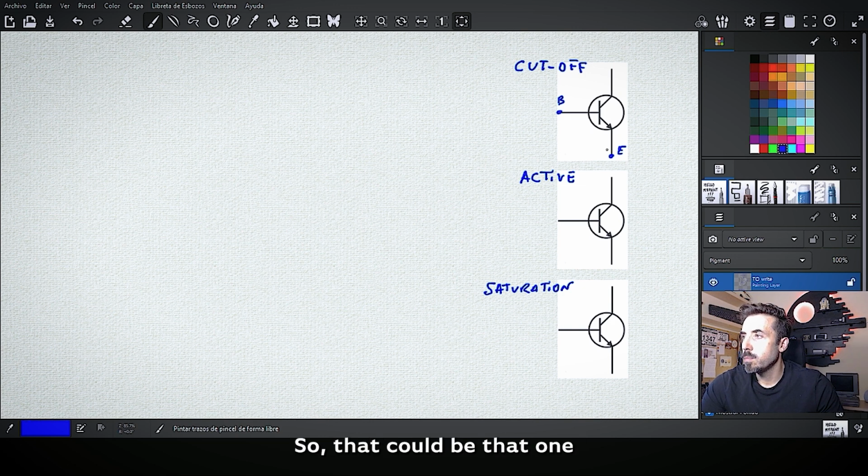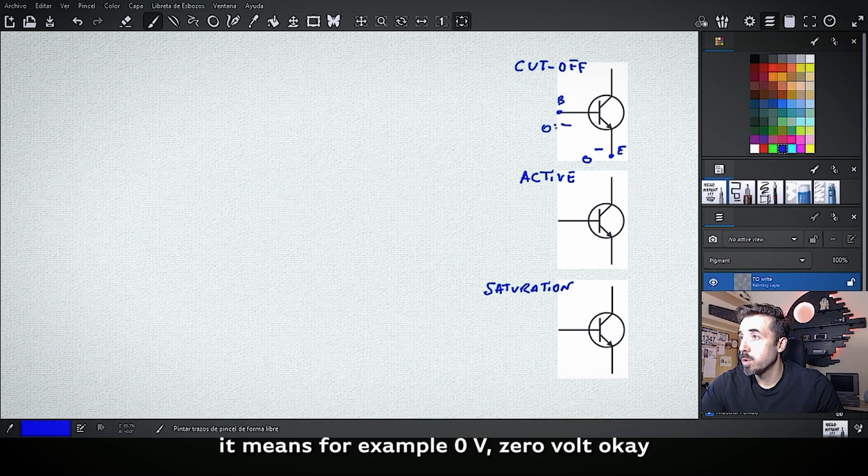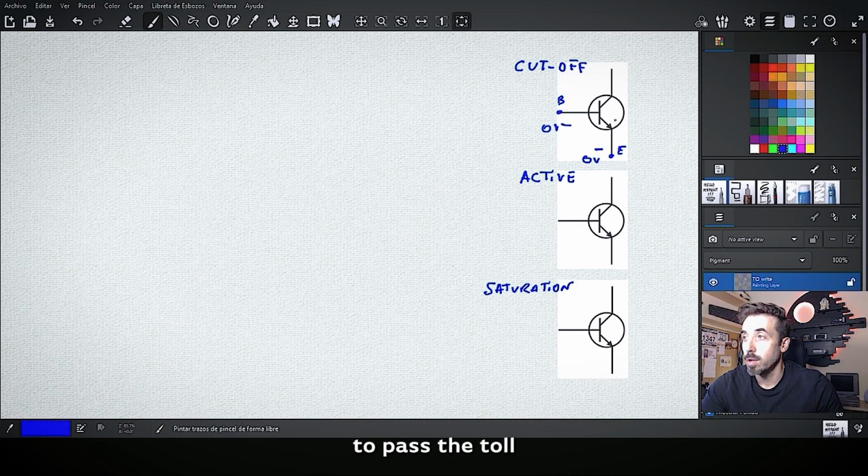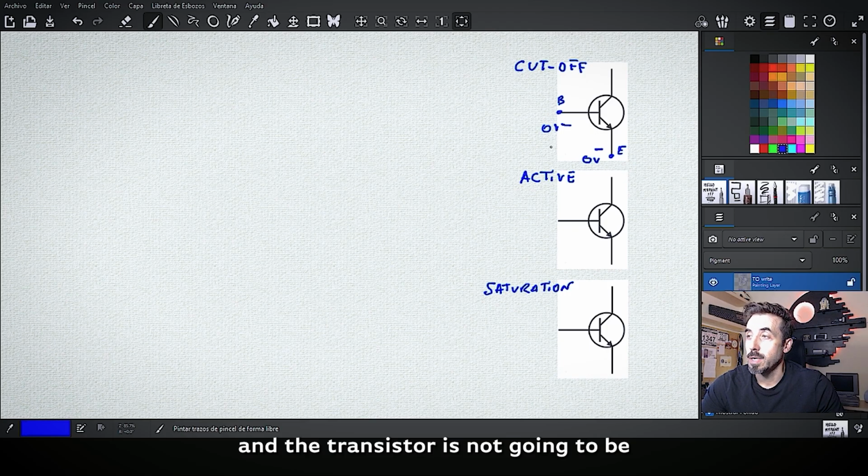One example could be that the voltage here is going to be negative, or here negative. When I say negative, I mean, for example, 0 volt. In both cases, you don't have enough to pay the toll, and the transistor is not going to be activated.